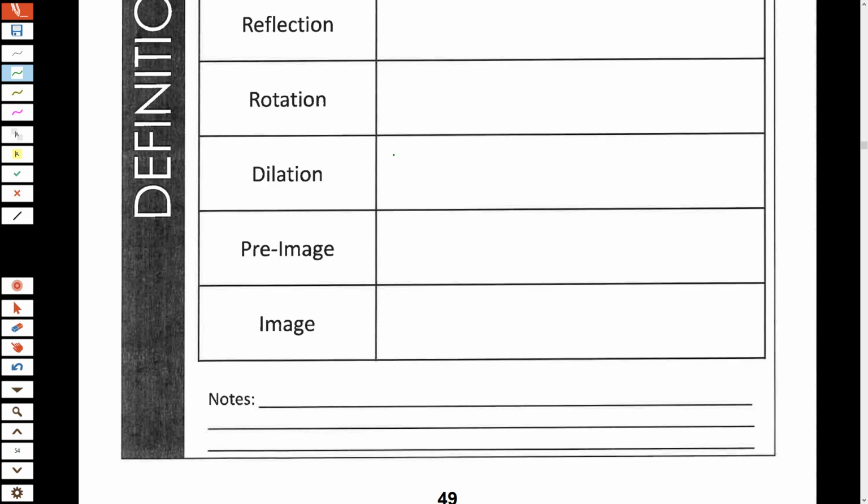Okay, for dilation, here's your rule. (x, y) turns into (kx, ky), where k is your scale factor. Okay, that is your rule.